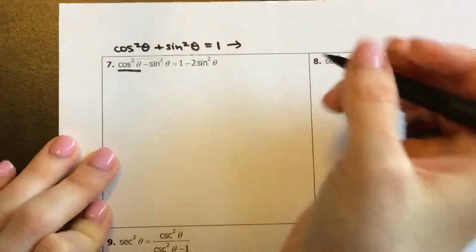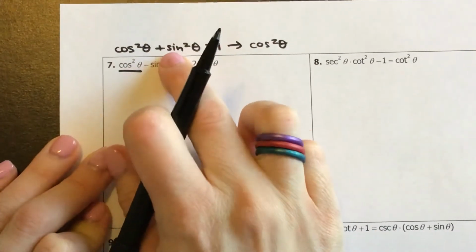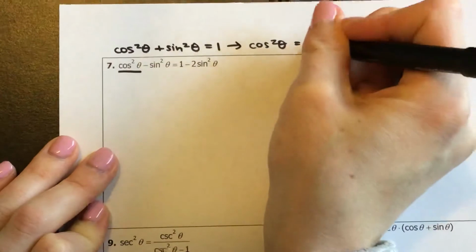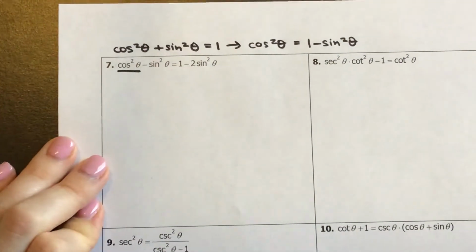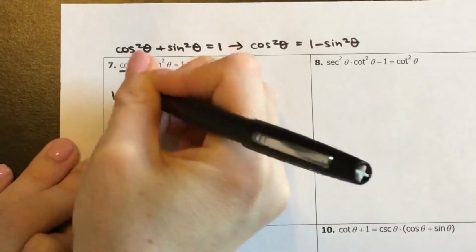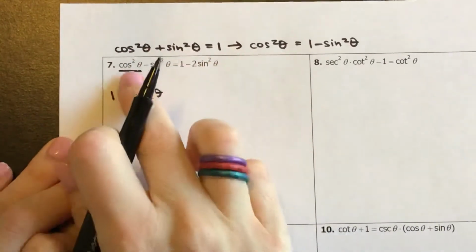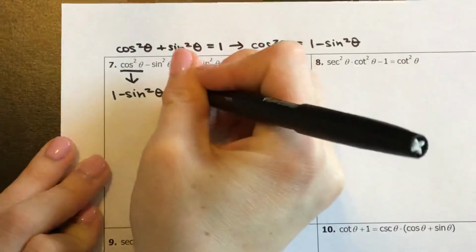We solved for cosine squared by subtracting this sine squared over to the other side. So this is 1 minus sine squared. So on the left-hand side, we are taking that cosine squared and replacing it with 1 minus sine squared. And then after that, you still have minus sine squared.